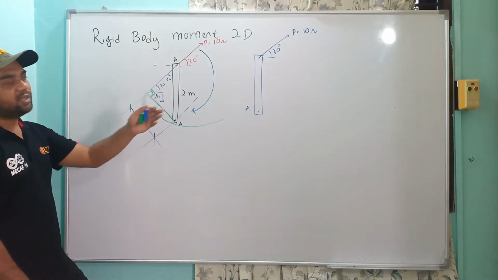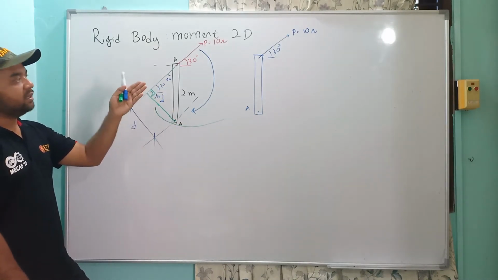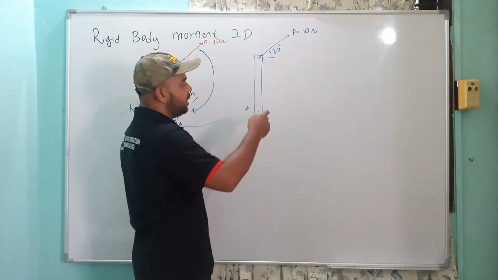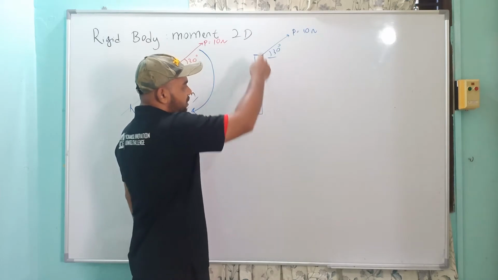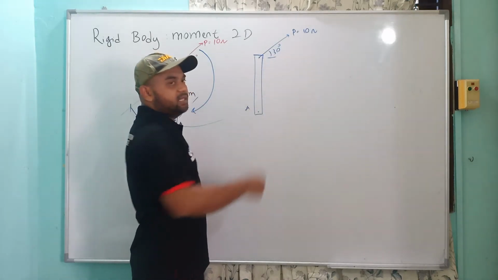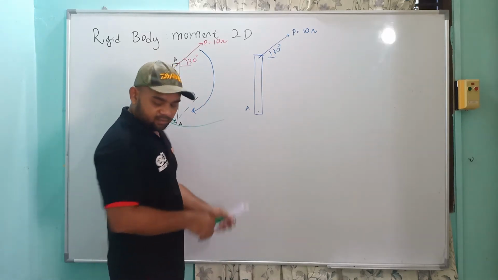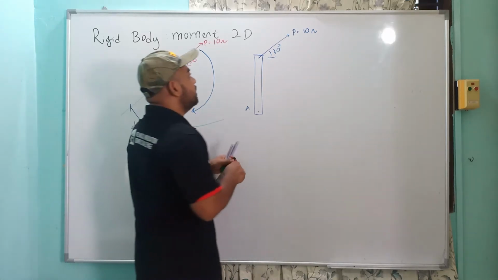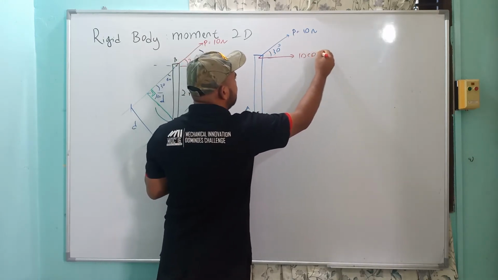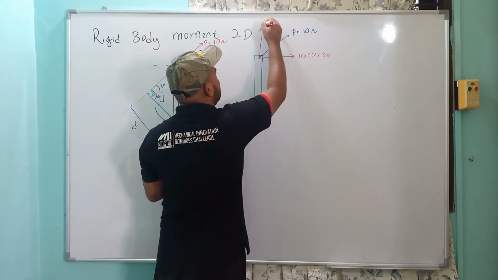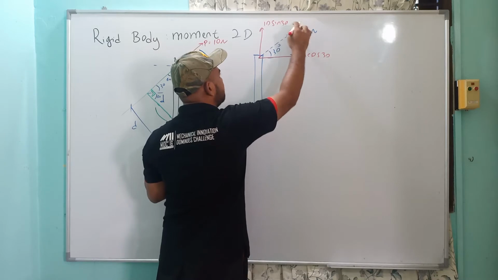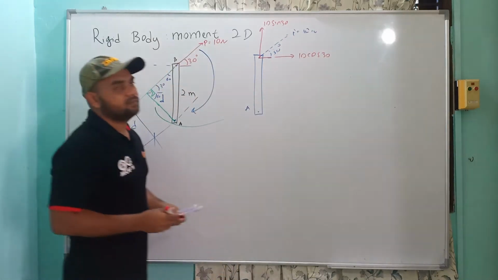The easiest is to make one component parallel to this one, and the other at 90 degrees to it. So we can resolve this into two components: 10 cos 30, and the other one 10 sin 30. So I can put away this one.